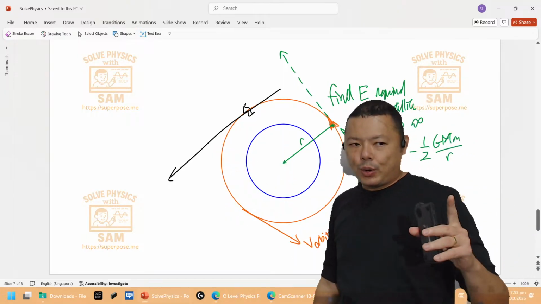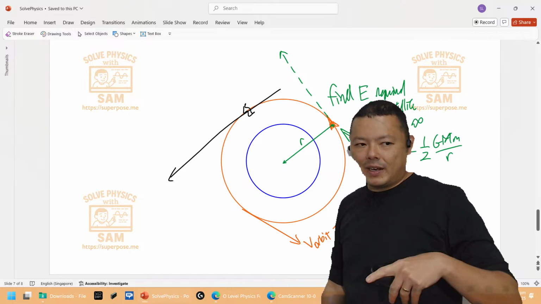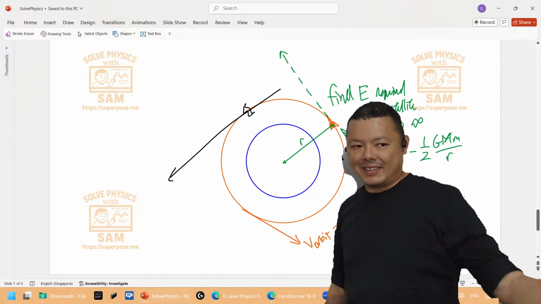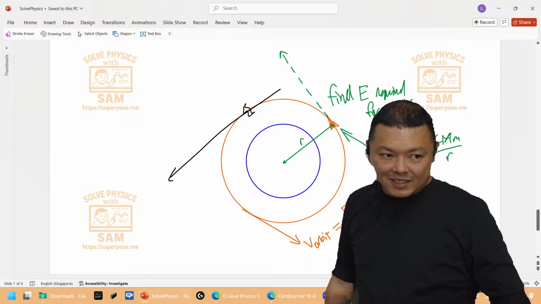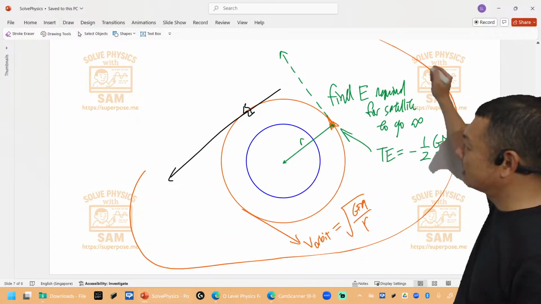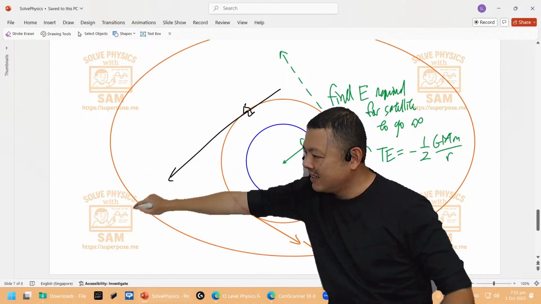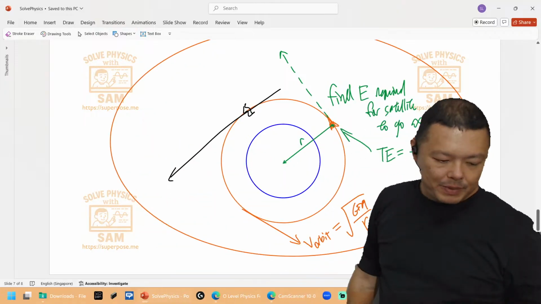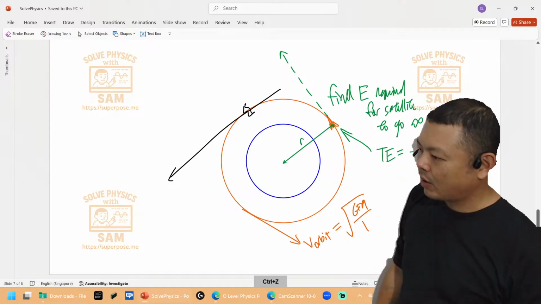But could it orbit at a higher height? Could it go into a bigger orbit eventually, maybe hit a greater orbit?